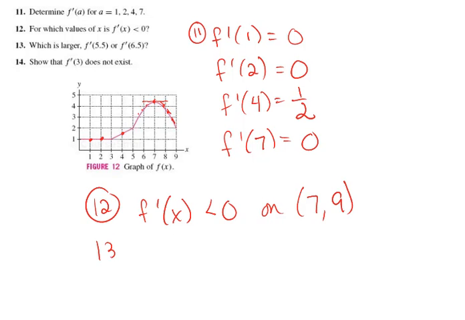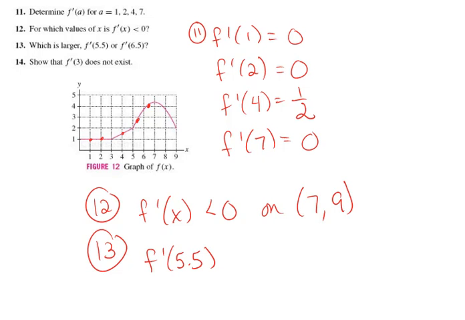Now on number 13, it says, which is larger, f prime at 5.5 or f prime at 6.5? Let's look at f prime at 5.5 right here versus f prime at 6.5.